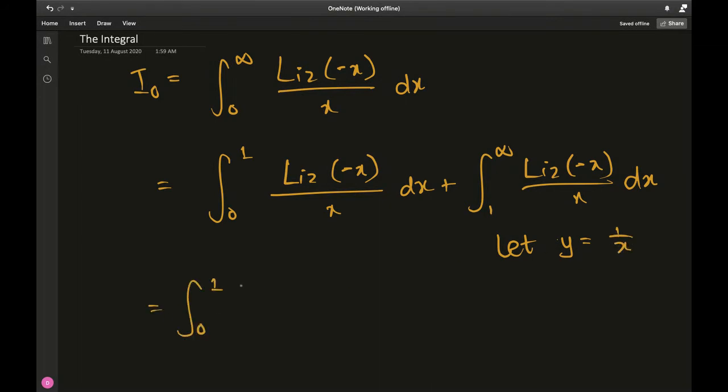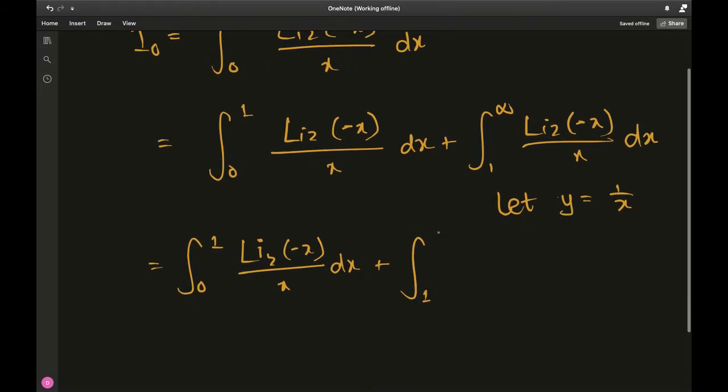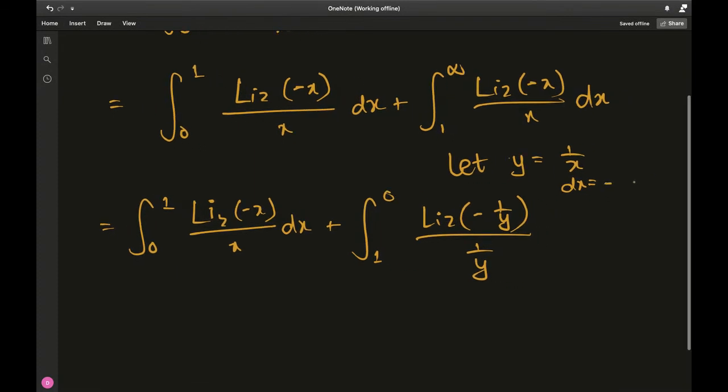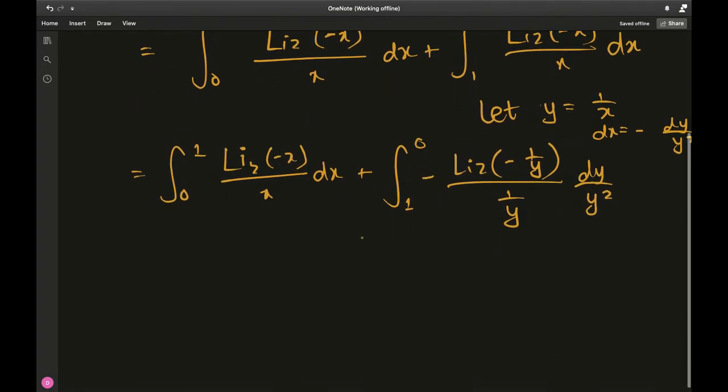So we'll have integral from 0 to 1 of dilogarithm of negative x divided by x dx plus, 1 over 1 is 1, 1 over infinity is 0, dilogarithm of negative 1 over y divided by x, which is 1 over y, and dx is negative dy over y squared. Okay, so I'm going to use this negative to correct the order of integration.